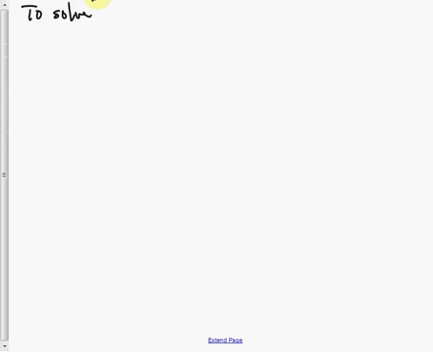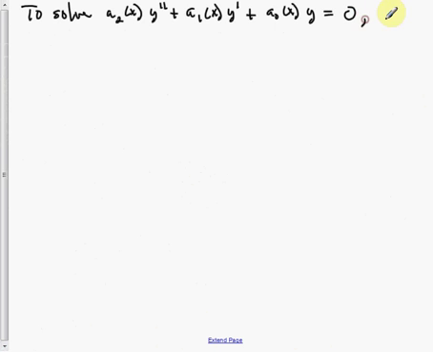Here, to solve a sub 2 of x times y double prime plus a sub 1 of x times y prime plus a naught of x times y equal to, say, 0, first consider the differential equation when n is equal to 1.